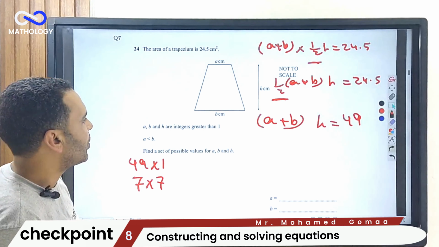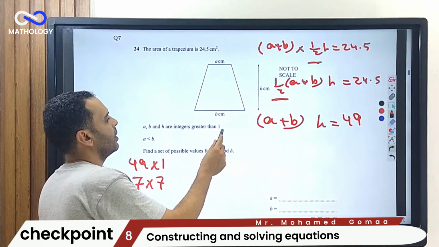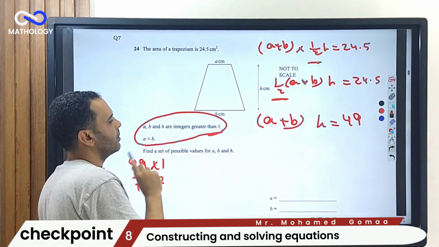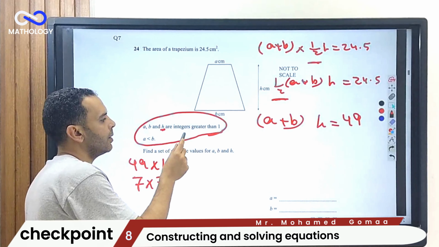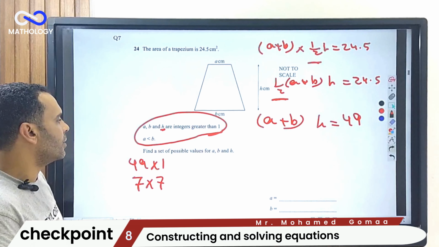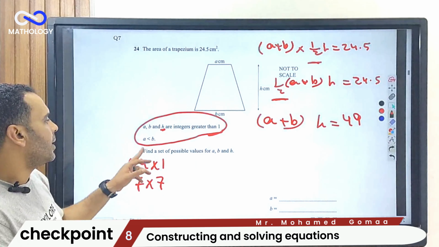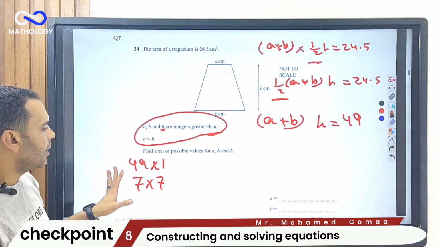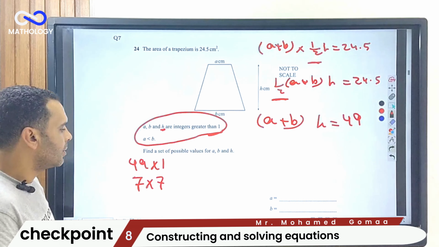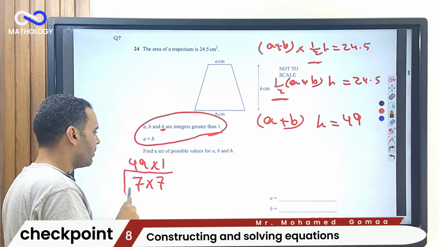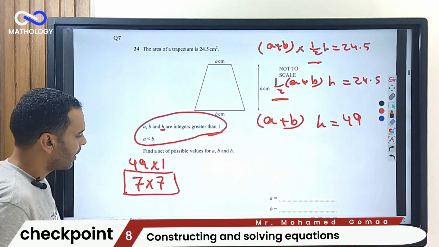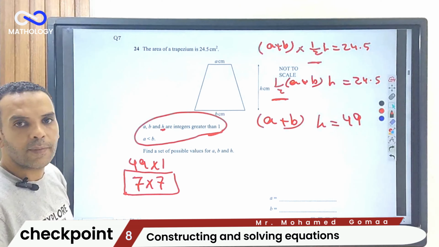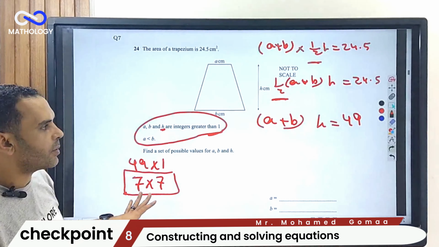We have an important condition that says h is an integer greater than 1 and a is smaller than b. That means we have to work with this condition, 7 multiplied by 7 from these factors.